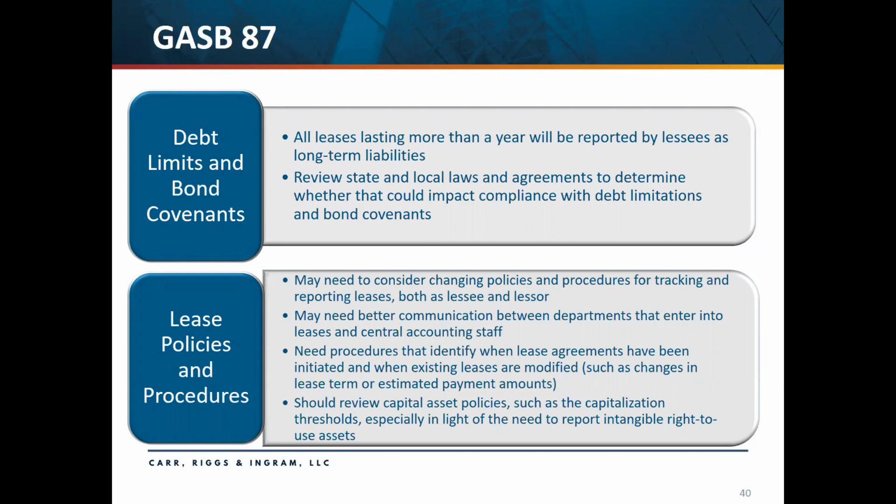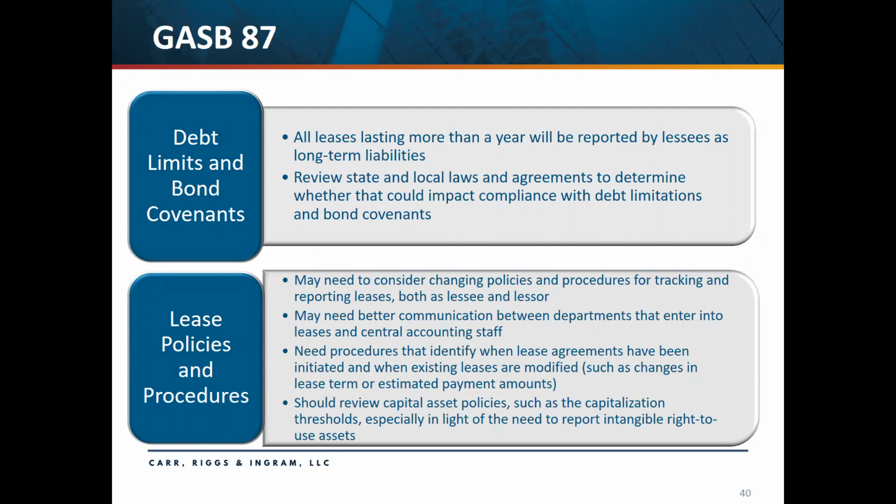Also, we're going to need better communication between departments that enter into leases and central accounting staff. A good example of this is if you're a municipality and your sheriff's office or police department decides to get a copier lease or a lease for their radios, those now really need to be looked at at a higher level to make sure that it doesn't have an impact on reporting the long-term leases that need to be reported in accordance with GASB 87.